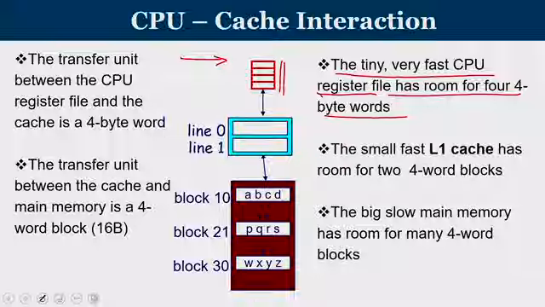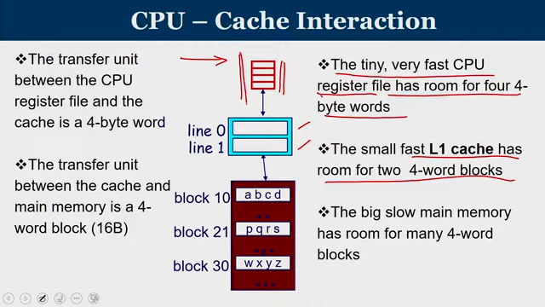Now, when you come to the L1 cache, it is relatively small when compared to main memory, but bigger than the processor registers. Assume that you have 2 blocks, each can accommodate 4 words. So, I have 4 registers, each can accommodate 1 word. I have 2 cache blocks, each can accommodate 4 words, and then I go to main memory.